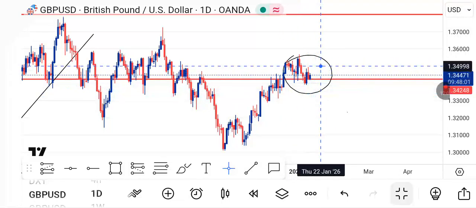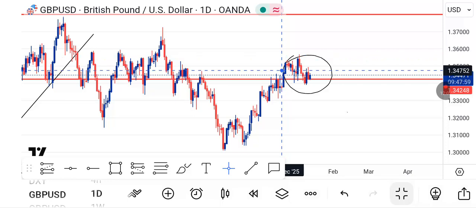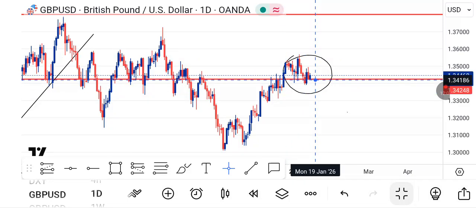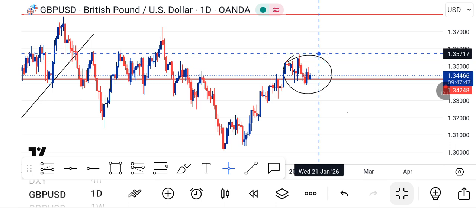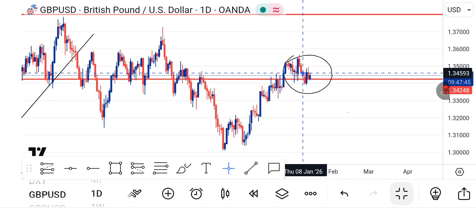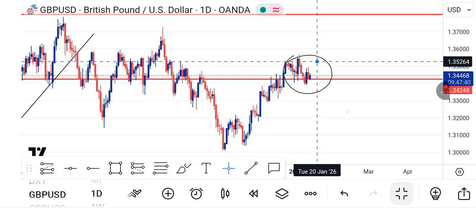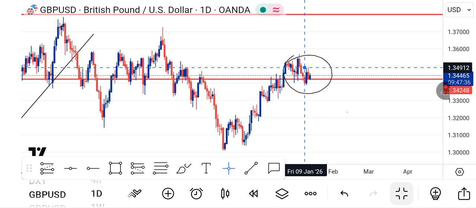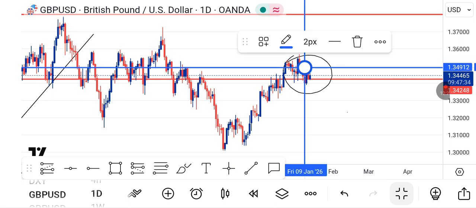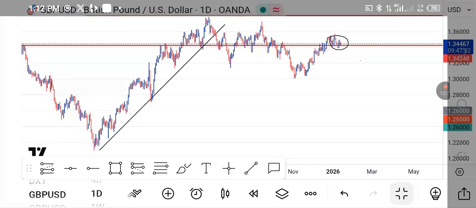I need it to find its footing, to find its directional movement, either up or down, before I can use further tools to analyze, in order for me to buy or find a way to trade it. That's how it is for this particular pair, pounds USD.